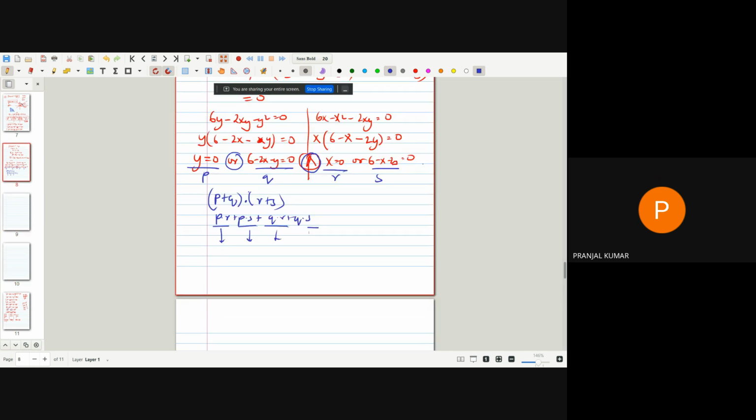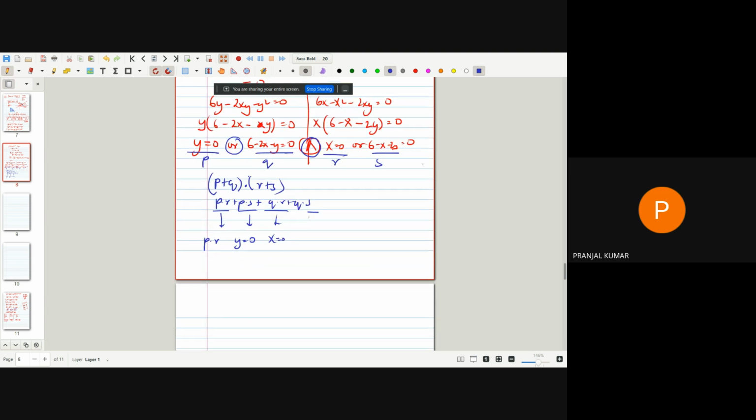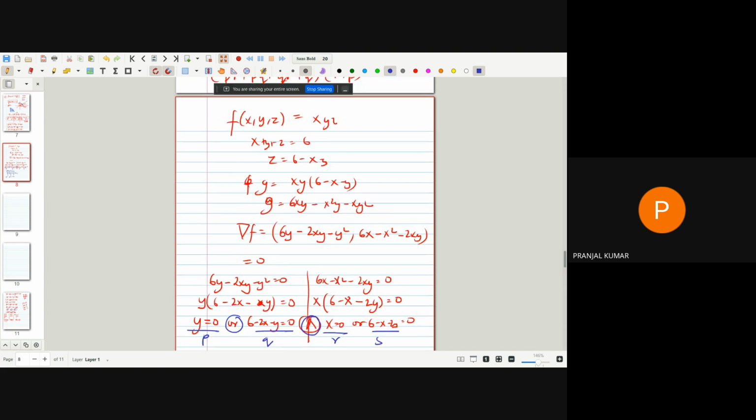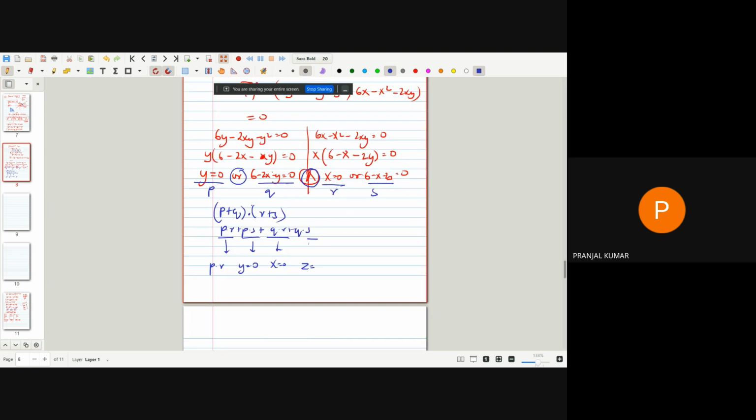Now case 1 is p dot r, where y is equal to 0 and x is equal to 0. For this, what will z be? z would be 6, since z is equal to 6 minus x minus y. So this is case 1.